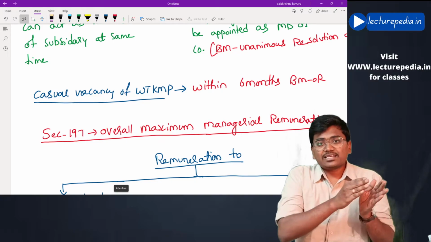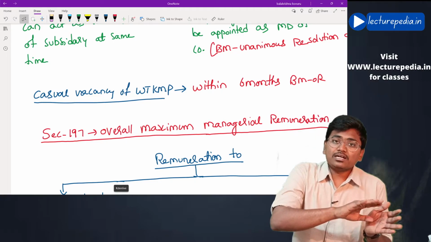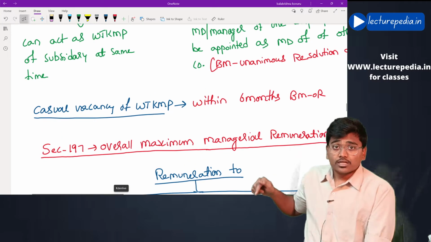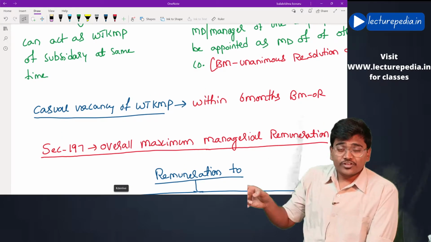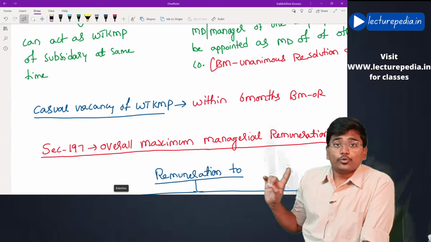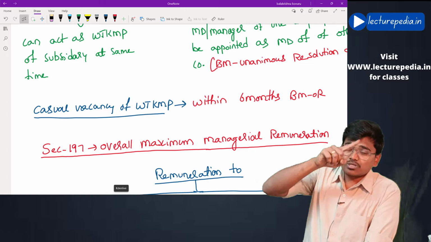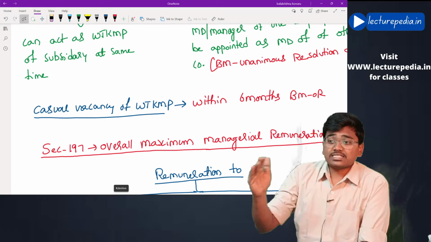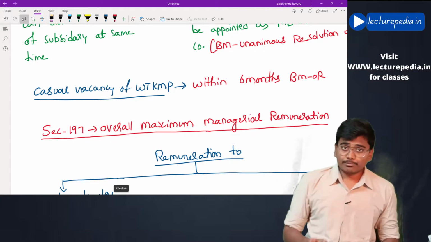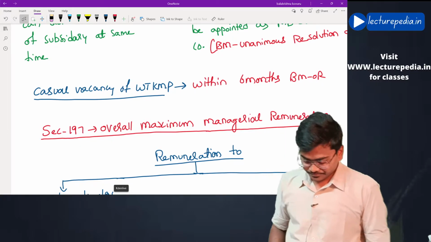At their wish they can appoint at whatever time they want, but for section number 203 to fill the vacancy of whole-time key managerial personnel, it has to be filled within 6 months. Whereas in section number 161 subsection 4 there is no such urgency. By this we have completed section number 203.